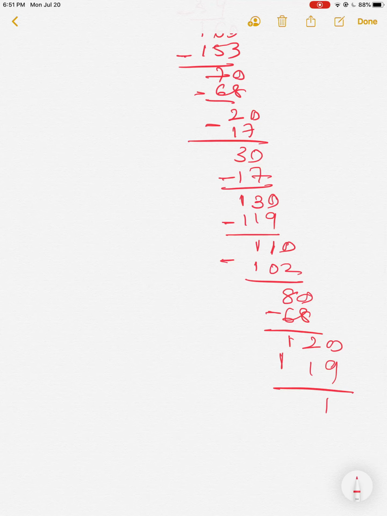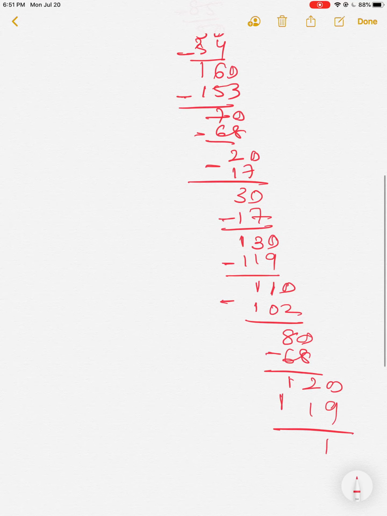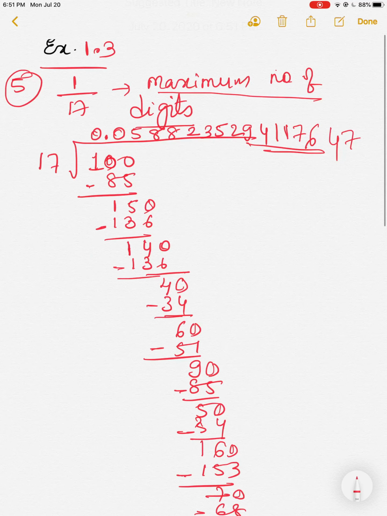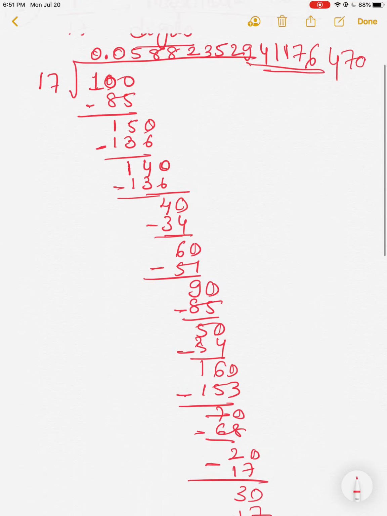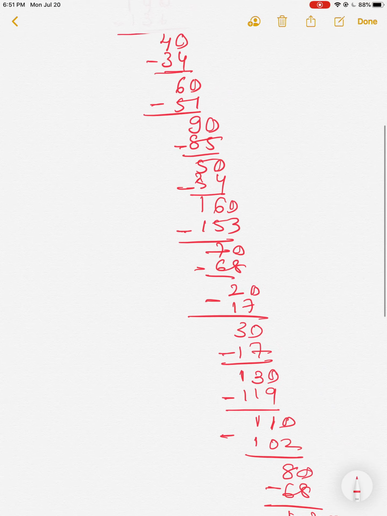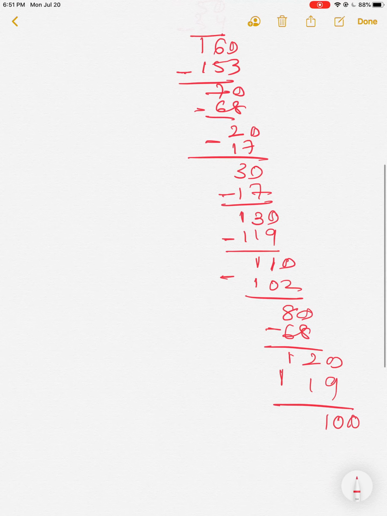Then again you have to take here 10. 10 is smaller than 17, so we will be taking here 0. Like that same digits will be repeated after that. Okay, here you will be getting 0, then you will be getting 0 here. So we will be taking here 17 5s are 85. Okay, again you will be getting here 17 5s are 85, 15, like that whole will be repeated.